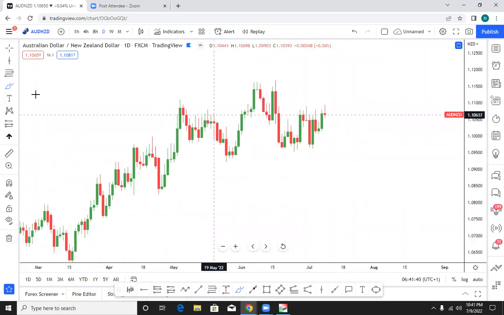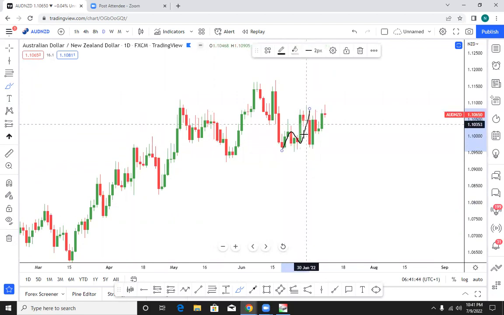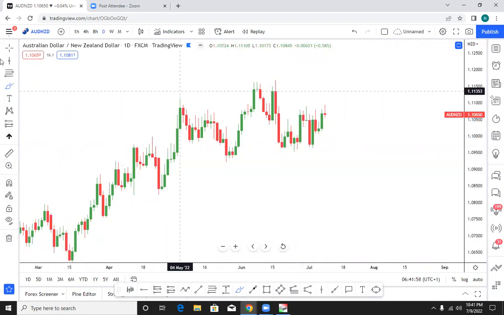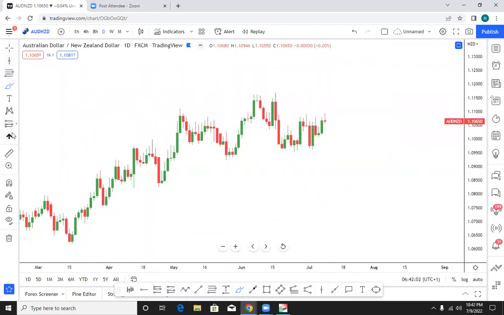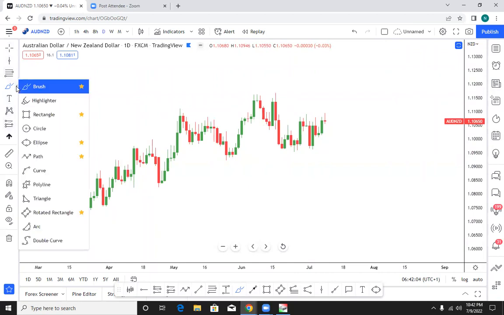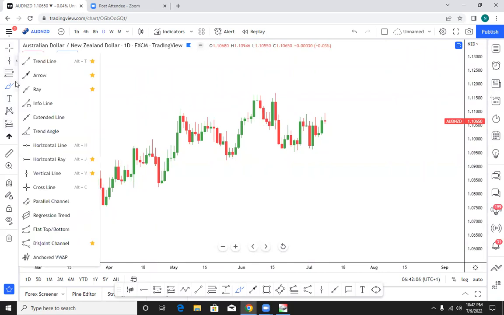You can see that even though you have a three-wave structure here, right here, guys, you see this candle? You see this daily candle? This is an engulfing candlestick pattern. And what does this engulfing candlestick pattern show me in terms of buy pressure? All right, let me show you where is my arrow.